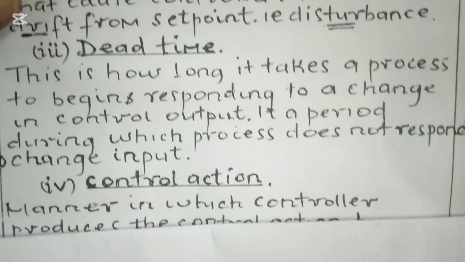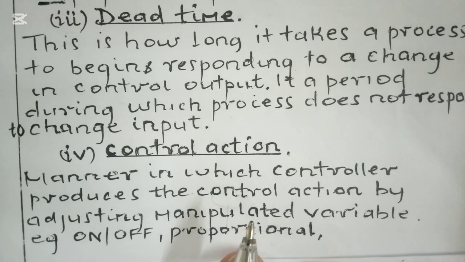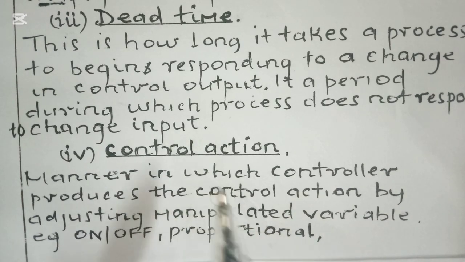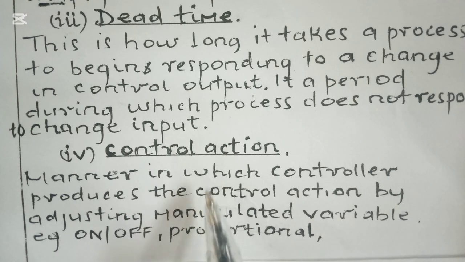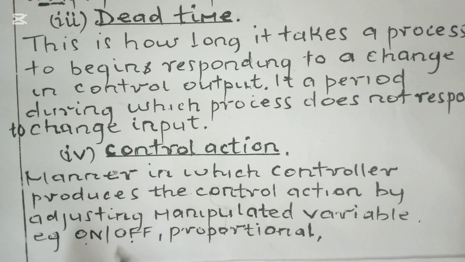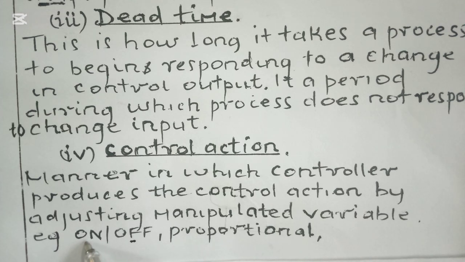Now coming to control action. The control action is the manner in which the controller produces the control action by adjusting the manipulated variable. This is where we may be using a valve or a switch, which can be on and off: when it exceeds the required flow, it puts itself off, or when the flow is low, it puts itself on.